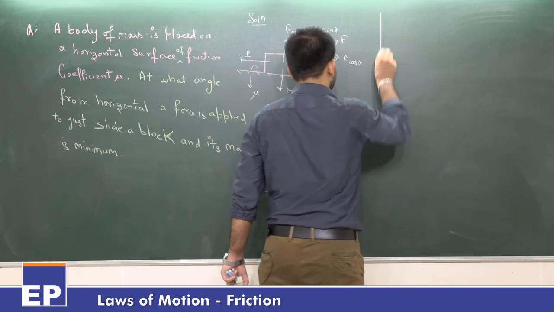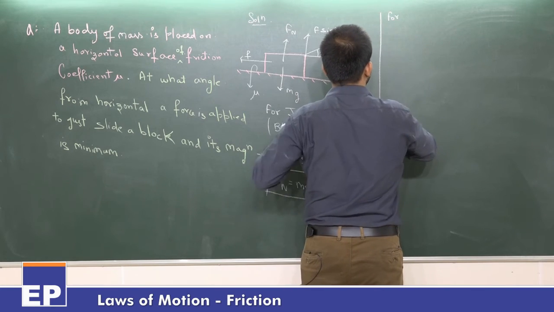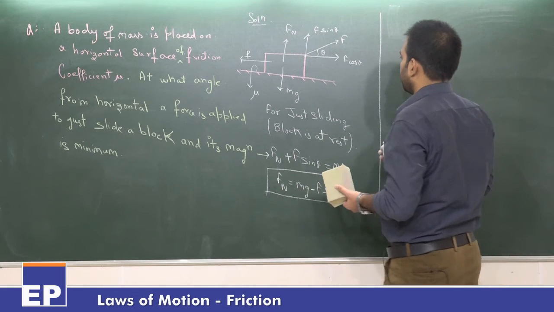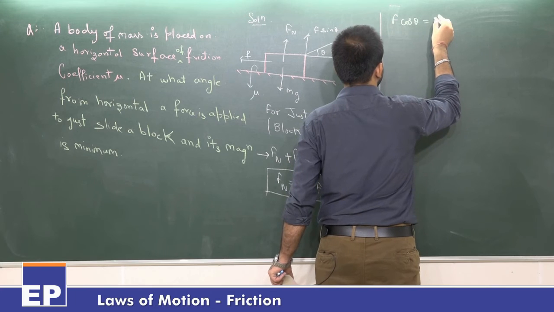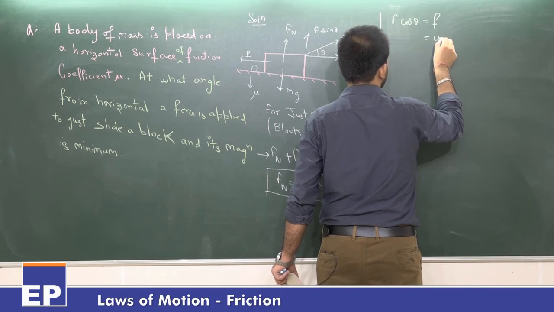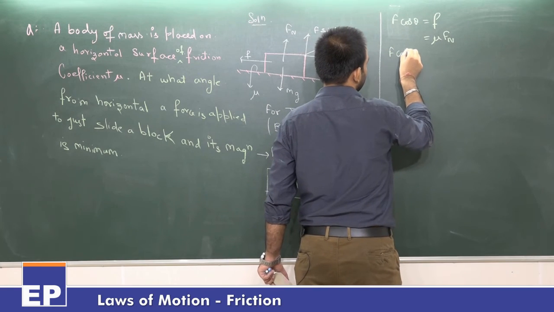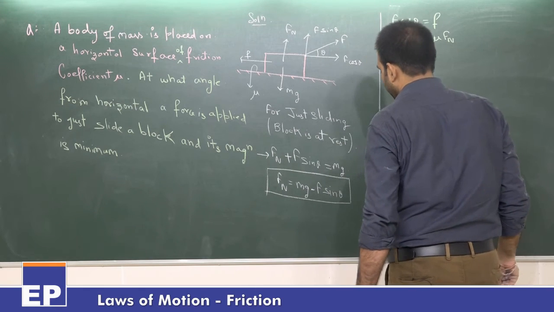And for just sliding, block is at rest. अगर block rest पे है तो we can write F cos theta is equal to small f. That is mu into Fn. So what is F cos theta? This is mu into Fn. Now what is Fn?